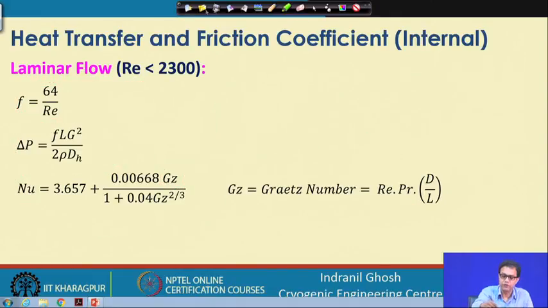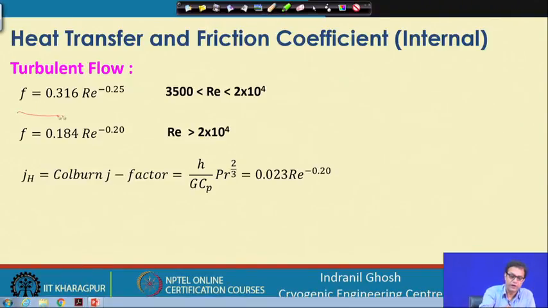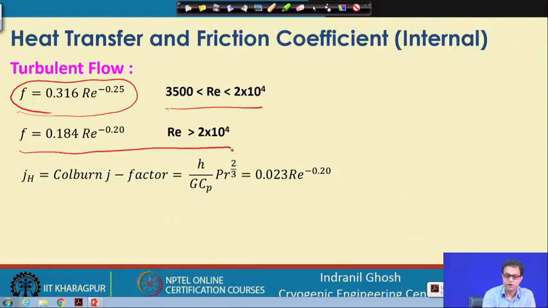Now, if we go to the next slide, we have also learned that in case of turbulent flow, the friction factor is given by this relation, and this is valid for this Reynolds number. We have also learned that for Re greater than 2 into 10 to the power 4, the friction factor varies like this.